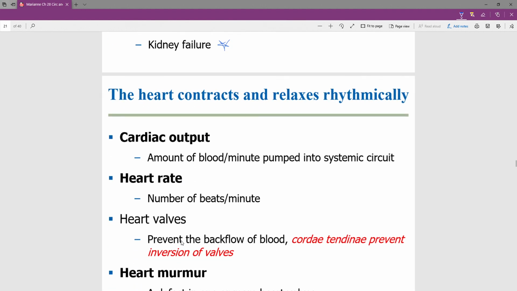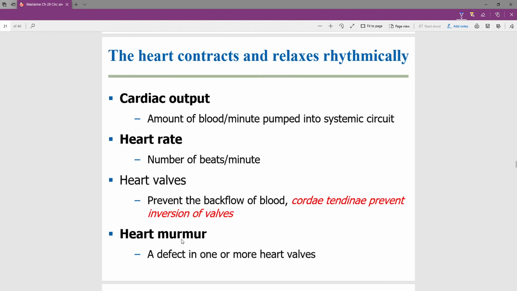We know that our heart contracts and relaxes rhythmically. If you're not sure, just take a minute to listen right now. Your cardiac output is the amount of blood per minute, so that's the volume. The heart rate is the number of beats per minute. The other thing that's here is that one-way flow of the blood is important.